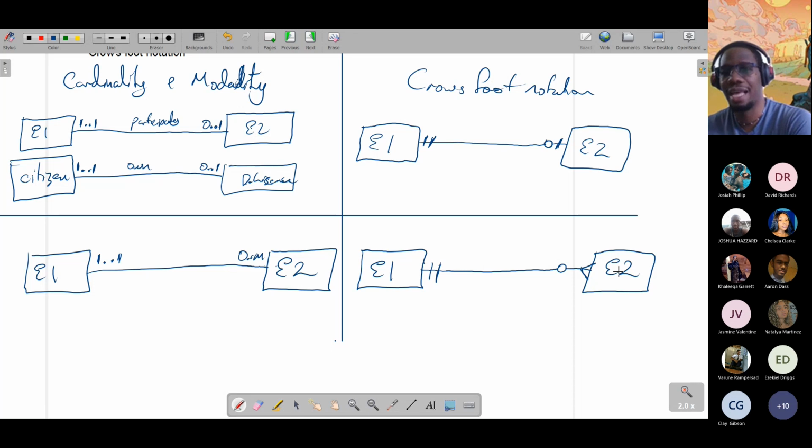Entity 2 has 1 and only 1 instance occurring with entity 1. All right? So we have here entity 1 interacts with entity 2 0 or more times. But entity 2 must have an instance of entity 1.